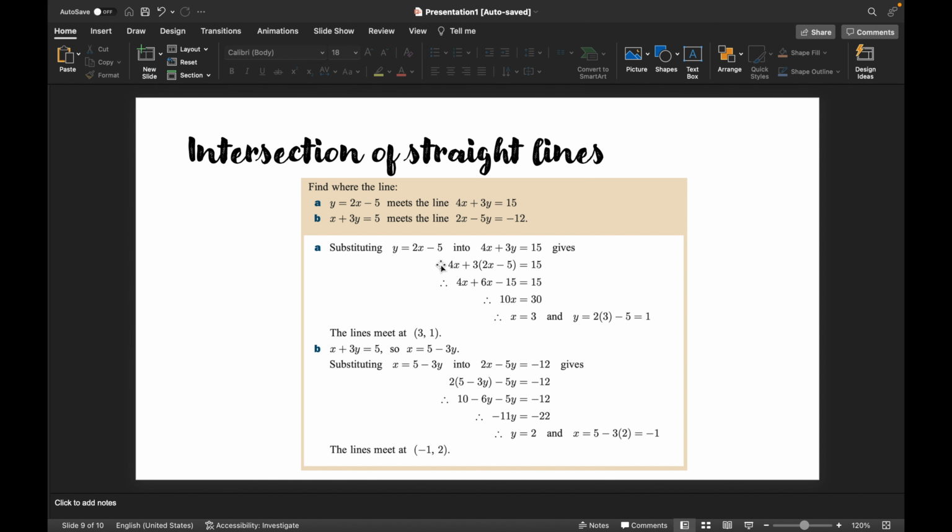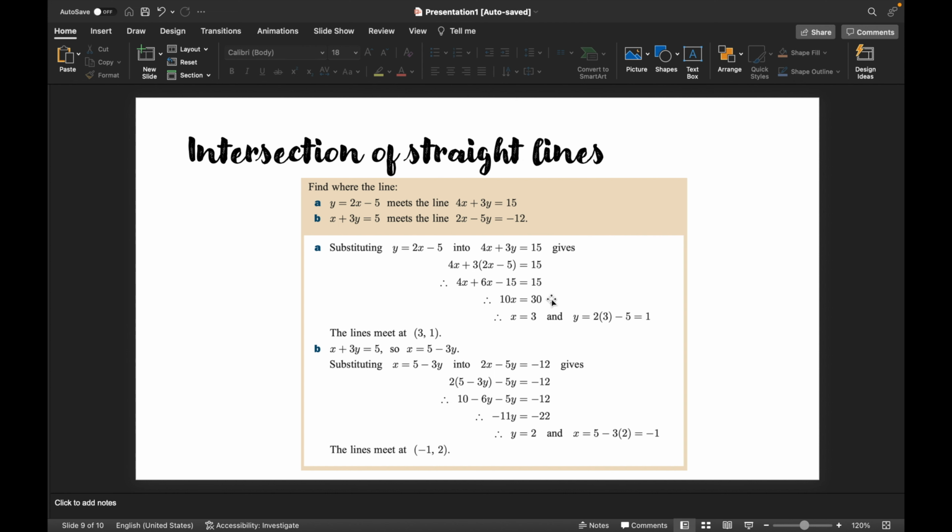So they have this one and this one. So they're going to substitute this, or what you can do is make y the subject of this and then equate y and y. Or you could just substitute this into this. Either way, you're going to get the same answer. So when they do this, they're going to get 4x plus 3 into 2x negative 5 equals to 15.